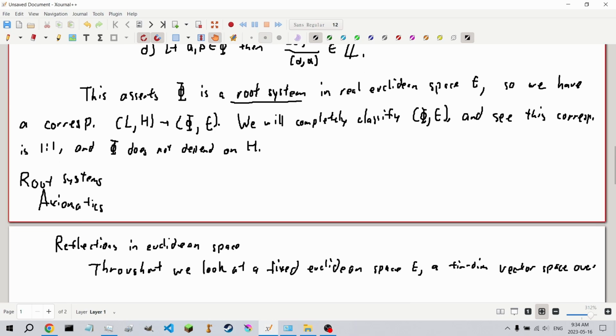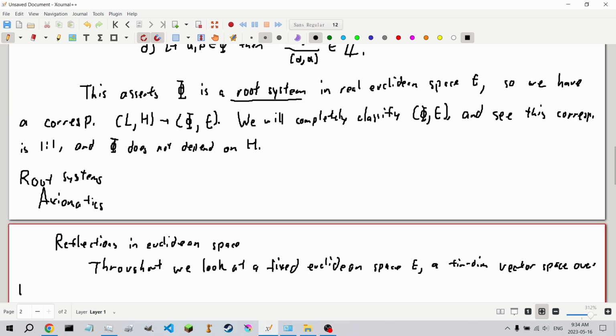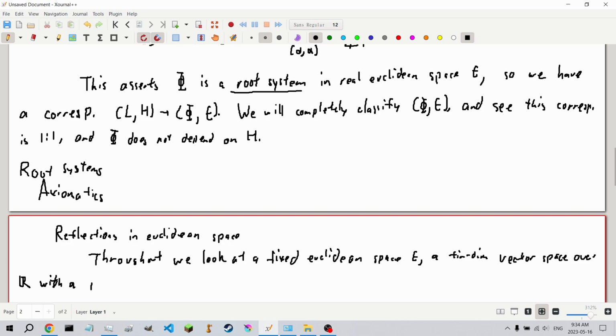over the reals with a positive definite symmetric bilinear form, which we're going to write as alpha and beta, as we've seen.